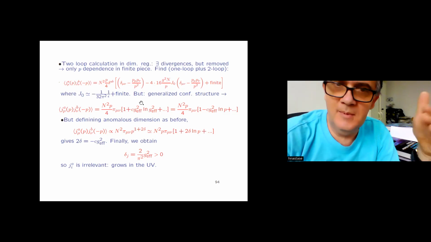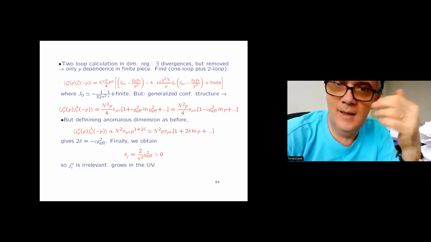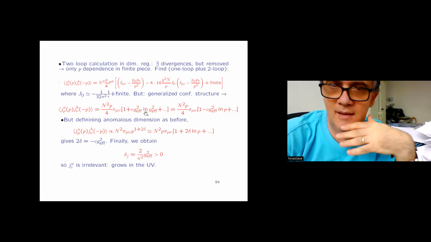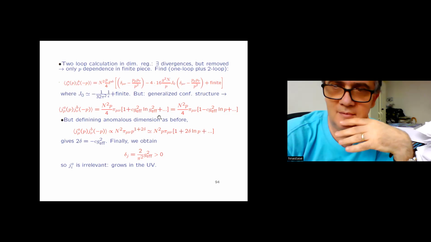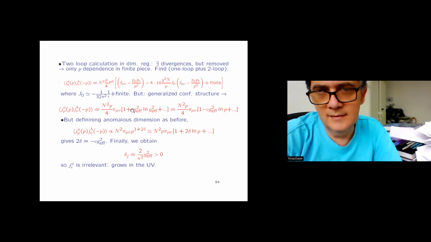From generalized conformal structure, as I said, this should have a given tensor structure, this pi mu, which is delta mu minus q mu over q squared, and then a function of g squared effective, and moreover, the leading term is g squared effective log g squared effective. But g squared effective is proportional to 1/p, so when I replace this log with log p, instead of plus here, I get a minus.